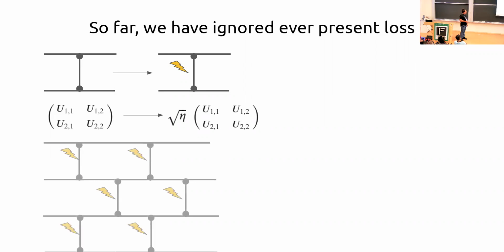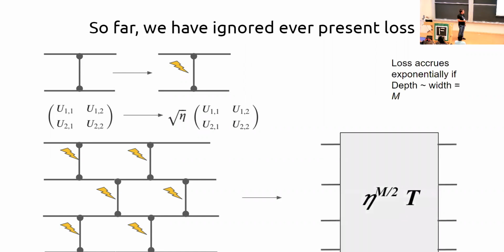And now if we have a network of interferometers, say for instance here, to mix 4 modes, then you're going to have a little bit of loss in each of the components if you're building an interferometer out of local beam splitters. And of course, if each of those components has a small loss eta, when you compound this over many layers, then this is going to start to scale exponentially with the number of modes that you use, if the width is proportional to the depth.